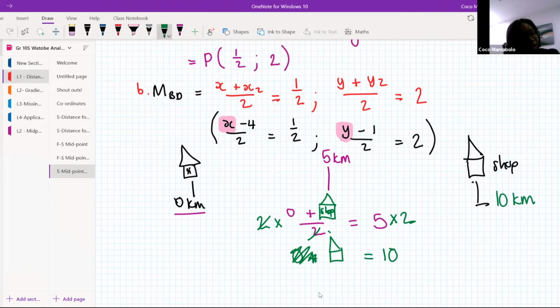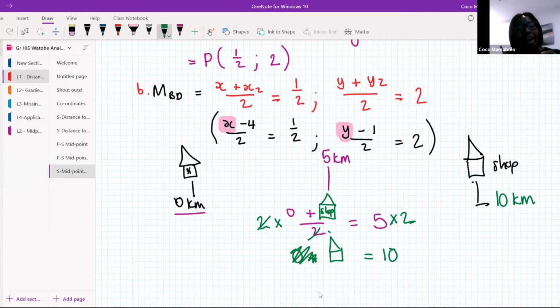Let me know, guys, do you understand what I mean when I put it this way? Awesome. So what we normally do when we're using the midpoint formula is we are looking for the midpoint.